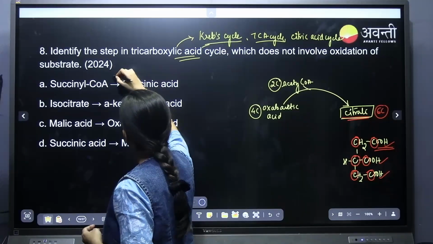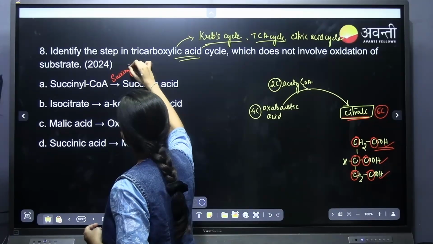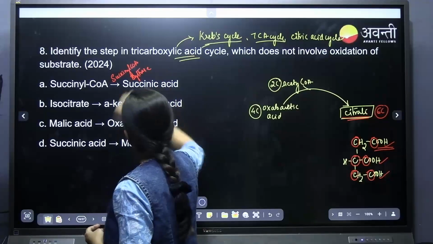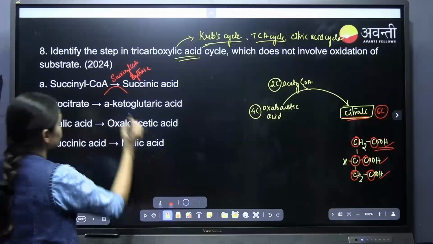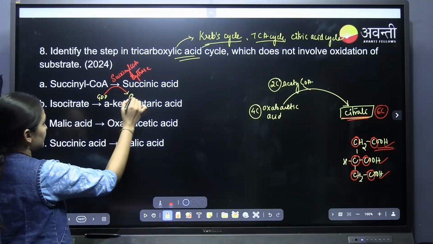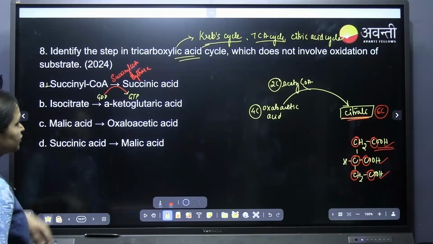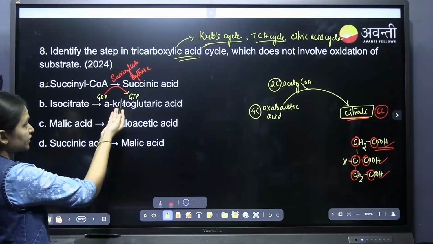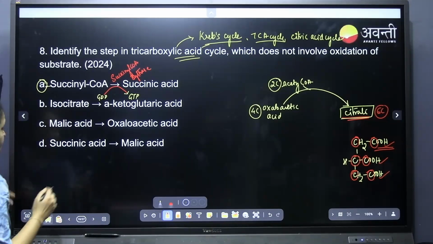It is succinyl CoA synthase, in which one molecule of GDP will be converted to one molecule of GTP. If one molecule of succinyl CoA is converted to succinic acid, is there any oxidation happening here? No, right? So that would be right. A is the right answer. We will see the other options also.